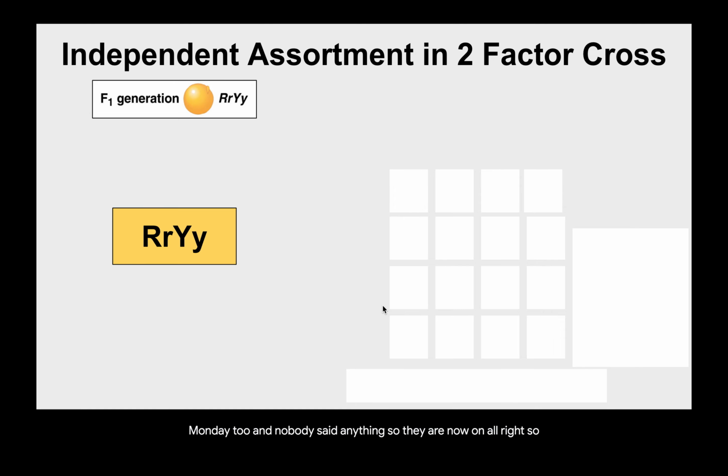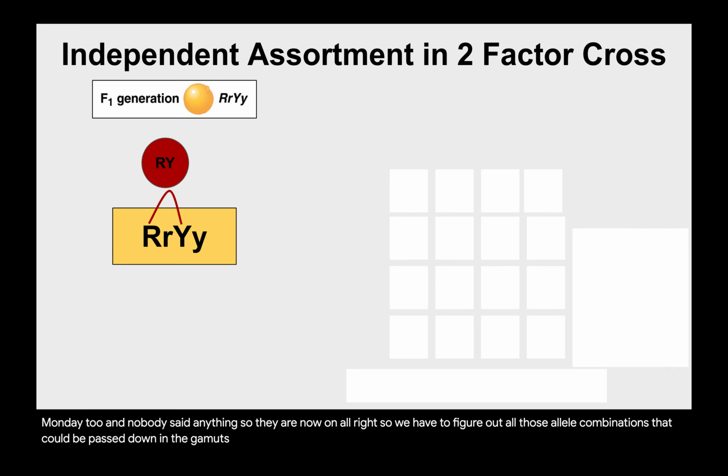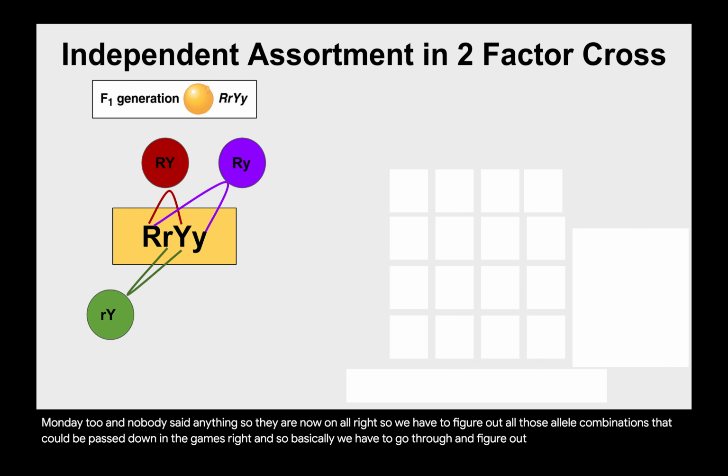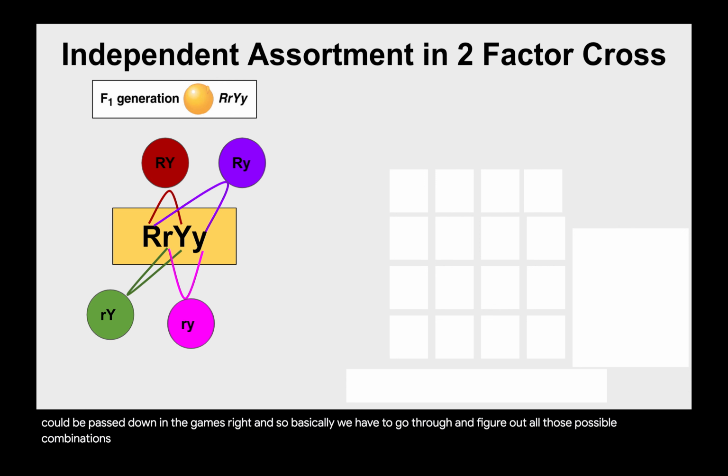All right, so we have to figure out all those allele combinations that could be passed down in the gametes. Basically we have to go through and figure out all those possible combinations. If we are only looking at these two genes, there are going to be 4 possible allele combinations in the gametes.